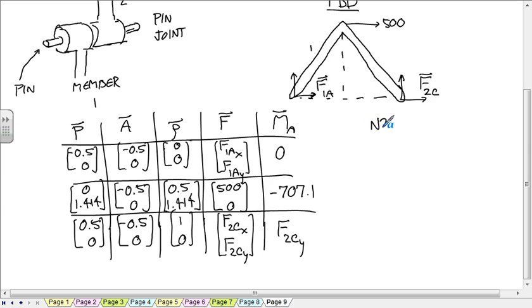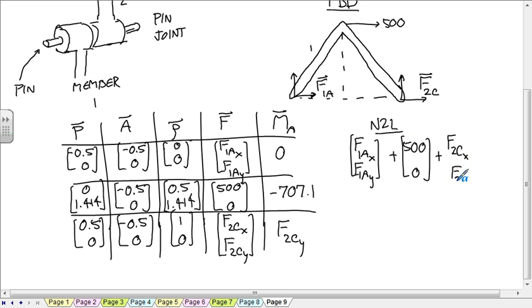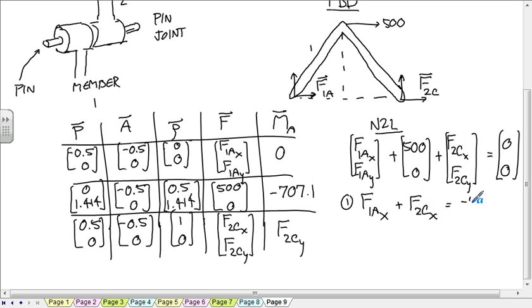So Newton's second law says F1AX, F1AY plus 500, 0 plus F2CX, F2CY is equal to 0. So that gives our first two equations. I'll write them as F1AX plus F2CX is equal to negative 500.